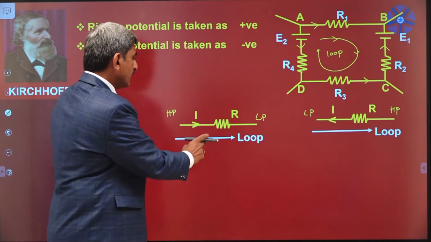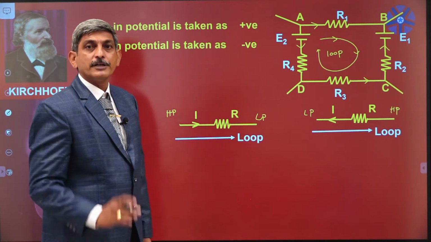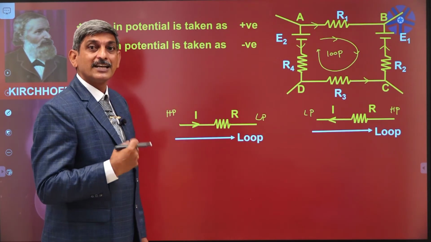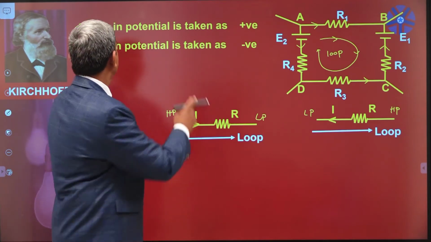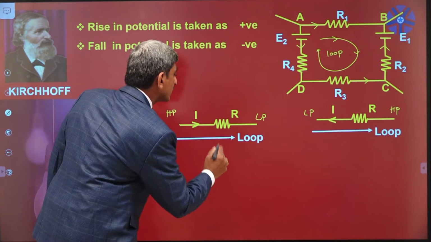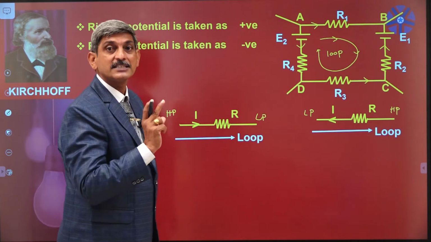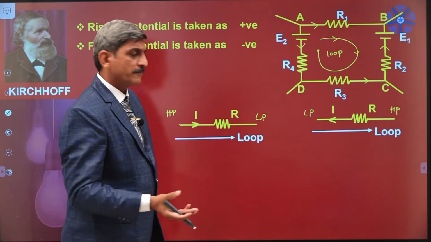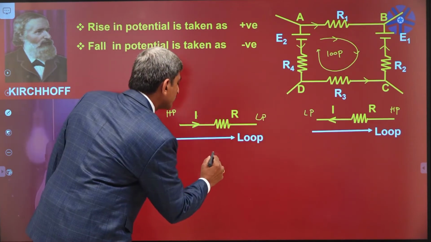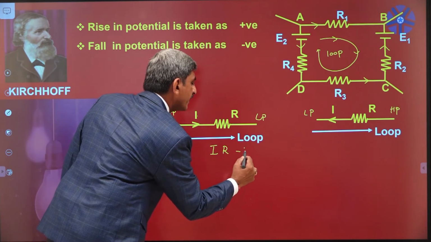Whenever we are moving from higher potential point to the lower potential point, there is clearly a fall in potential. That fall in potential is taken as negative, so the potential drop across the resistor in this case must be taken as negative. What is the potential drop? I is the current, R is the resistance, so the potential drop is IR. That potential drop IR must be taken as negative.